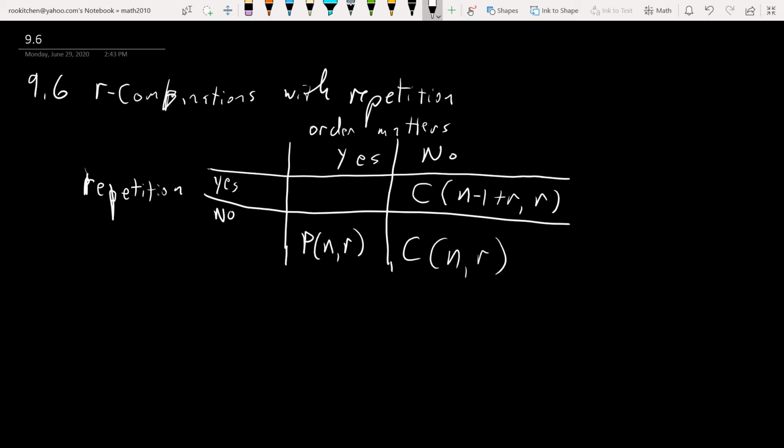If there's no restriction on the repetition, so you can literally use a letter or a number as many times as you want, that will just be the number of elements that are available to the power of how many letters in your word. So n to the k, you can think of it that way.